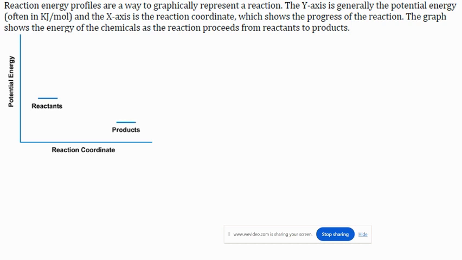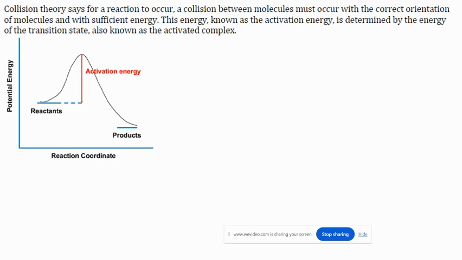It's going to give off heat. Okay? Now, if we add in our activation energy, this is what that's going to look like. So from where the reactants started to the top of that peak, that is your activation energy. That is how much energy is going to be required to get the reaction to run.